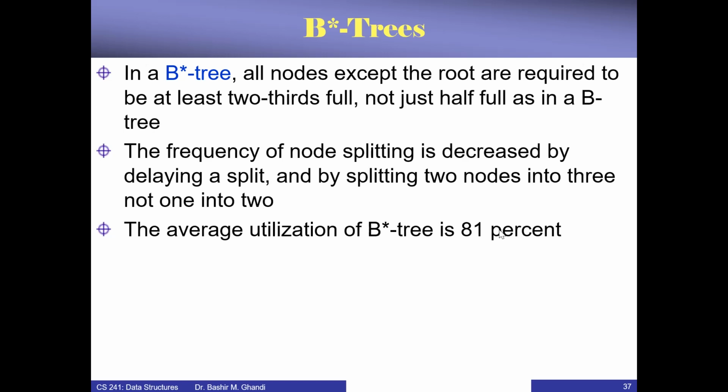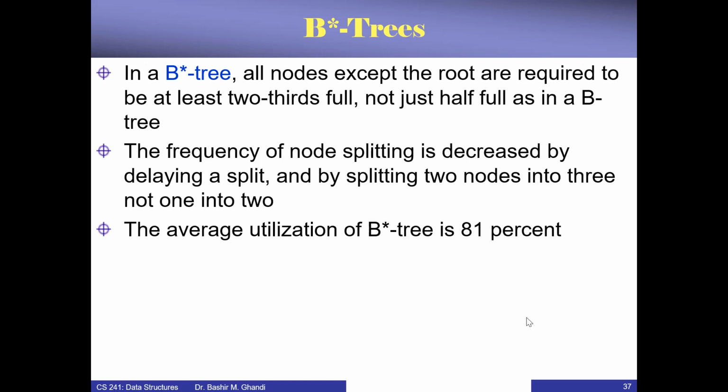B star tree, the only thing to know is what we have just said, that it is more efficient than B trees, because one, if there is an overflow, the splitting is delayed by redistributing the keys with siblings until the siblings are all full.